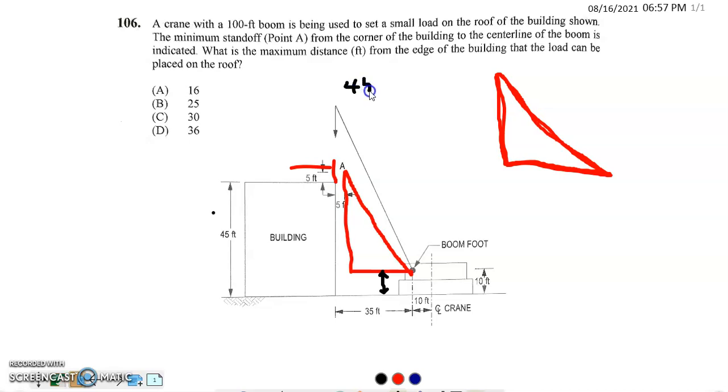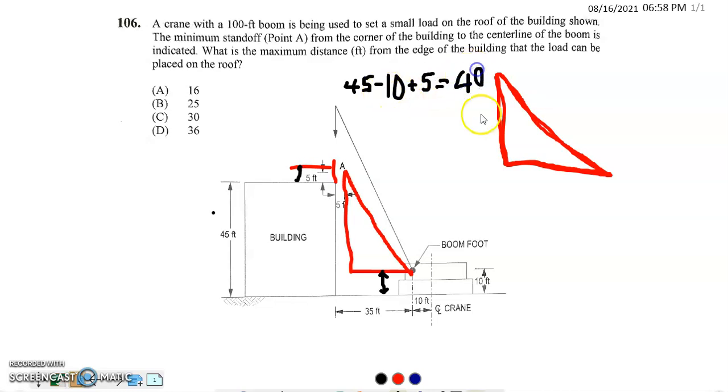45 minus 10, and this goes all the way up, so we need to add that 5 feet. If you do that, that will be 40.